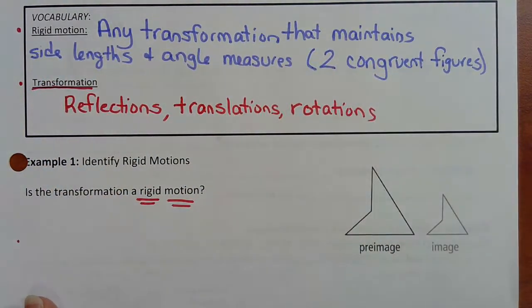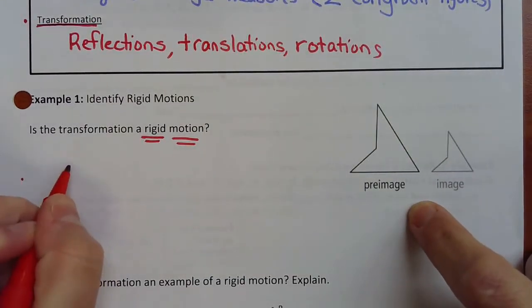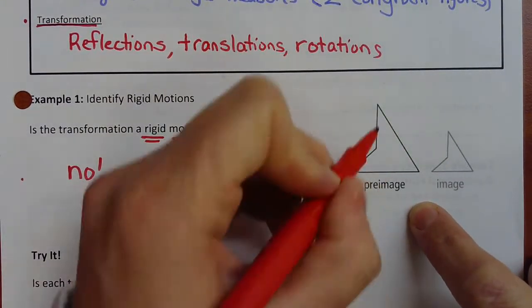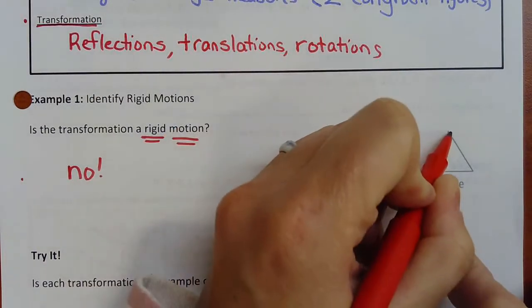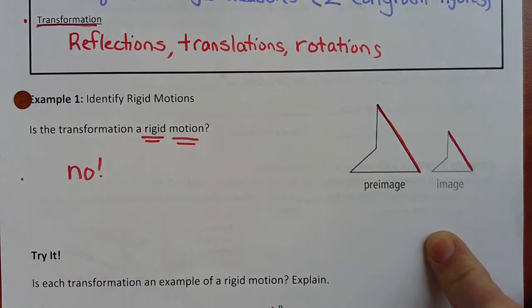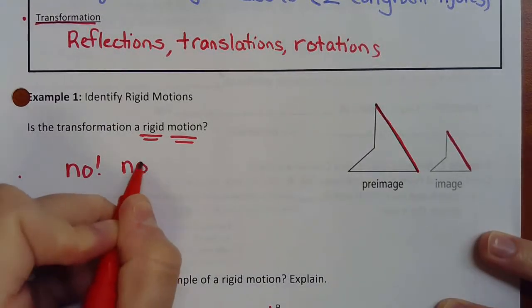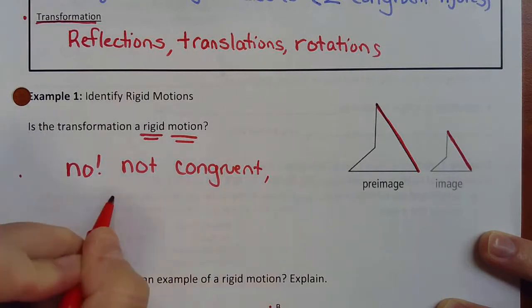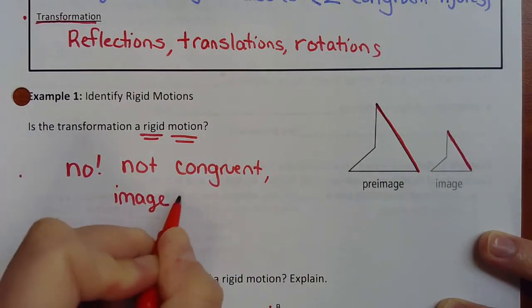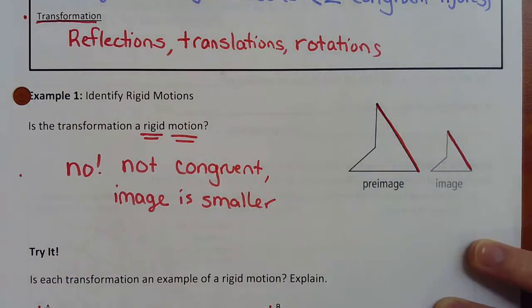So basically you have two congruent figures. Now, this actually is not a rigid motion because this side length, if I were to measure it with a ruler, and this side length, if I were to measure it with a ruler, they are not the same length. These figures are not congruent. And the reason why you know that they're not congruent is that the image is smaller. So if you had to do any type of explanation, that's what you could do.